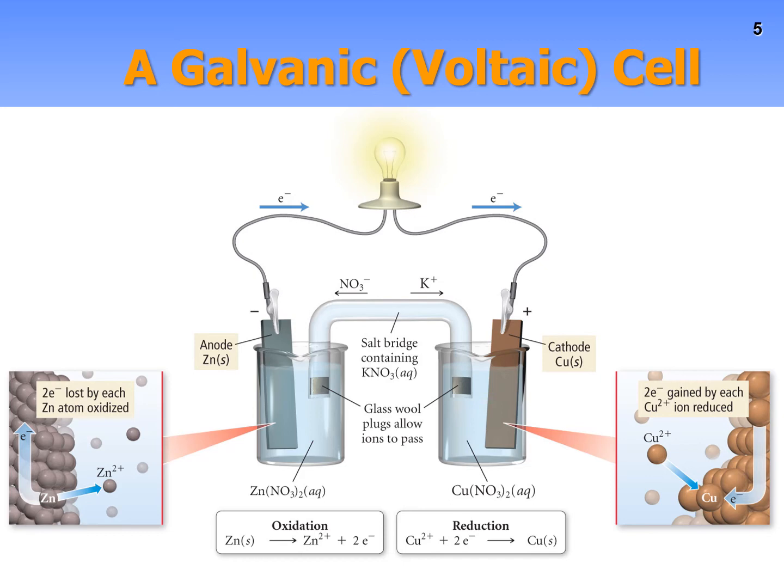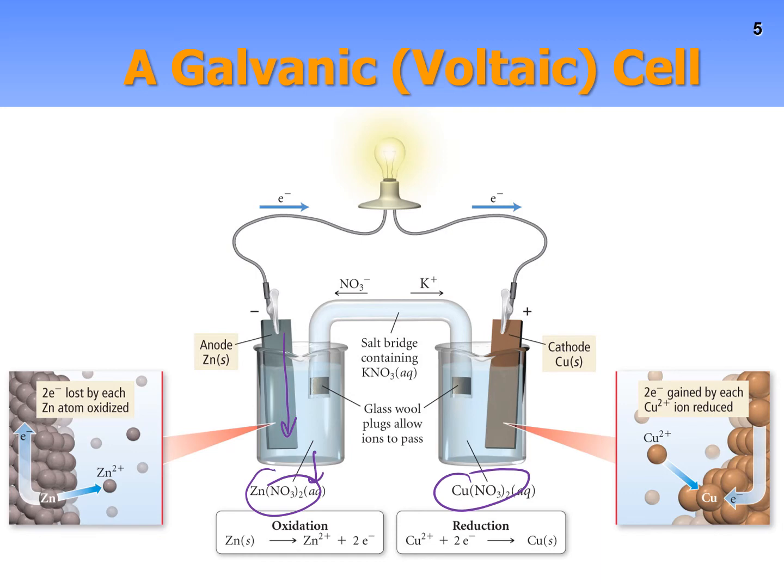So this is how we'd set this up if we actually wanted to generate electrical work and use that work. I can put a piece of metal in this solution that contains zinc nitrate, and I can put this copper bar, copper metal, in a solution that contains copper 2 nitrate.